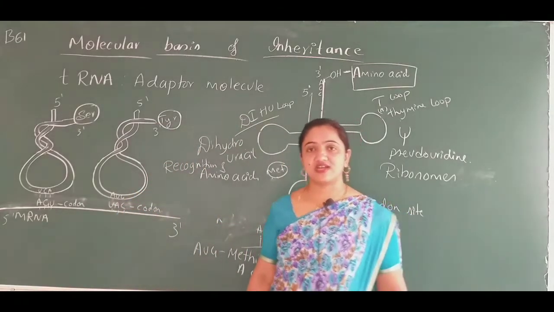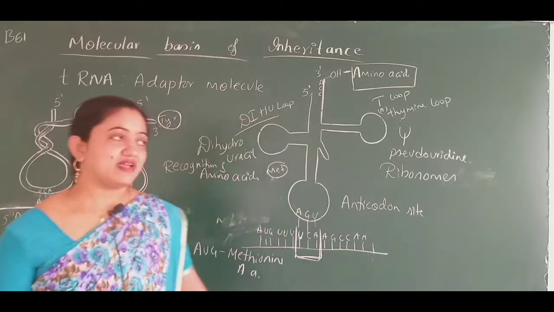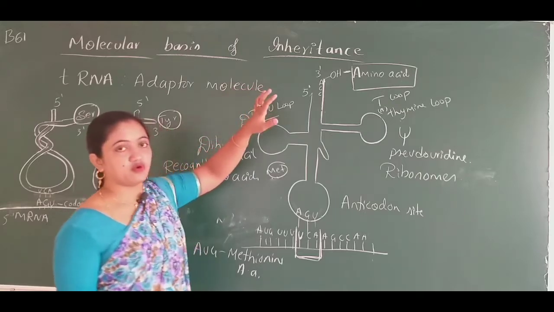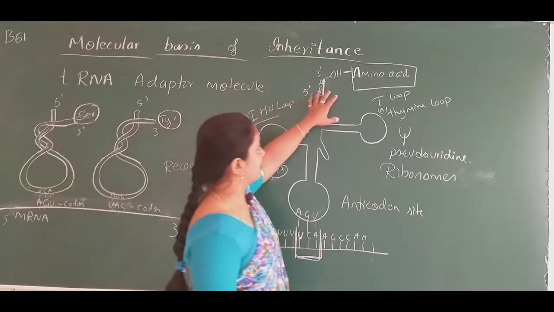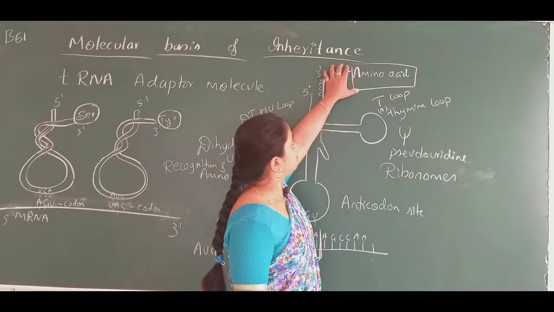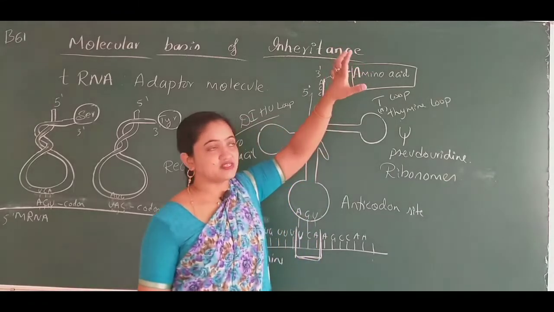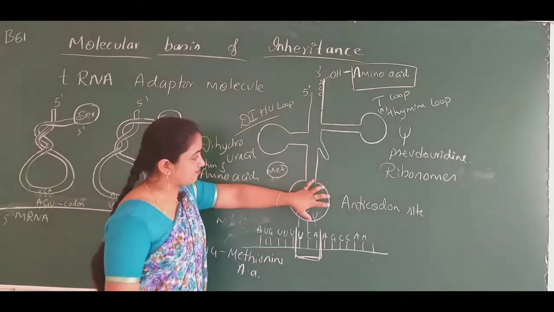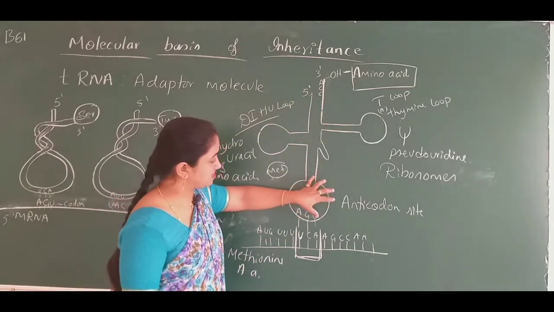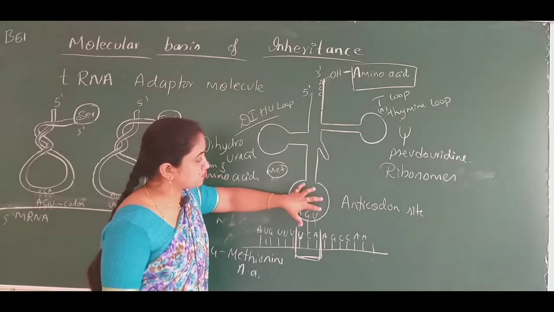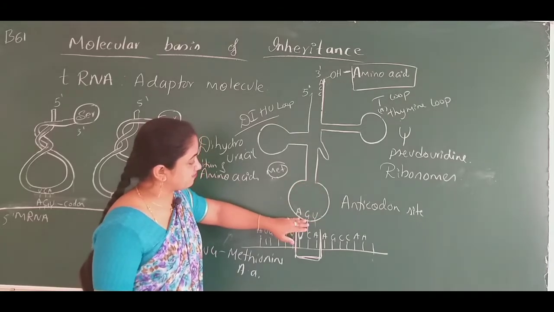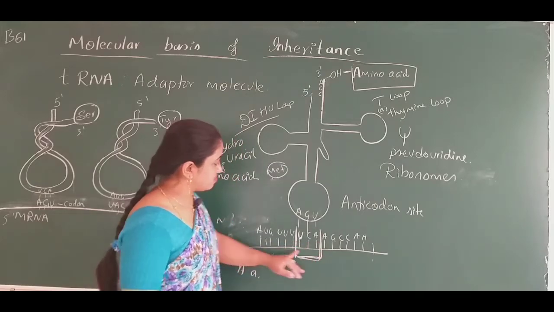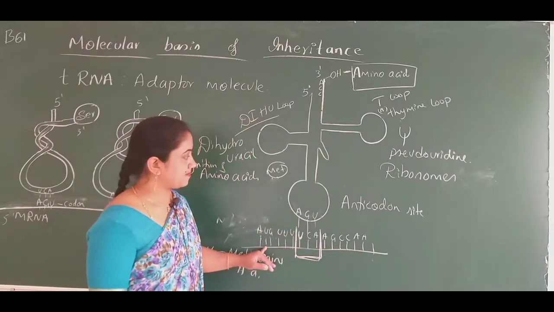So what will you write? You have to write that the tRNA is an adapter molecule. It has an amino acid binding site at the 3 prime end, and one more arm, one more loop. That loop or that site codes with the triplet codon which is present on the mRNA.